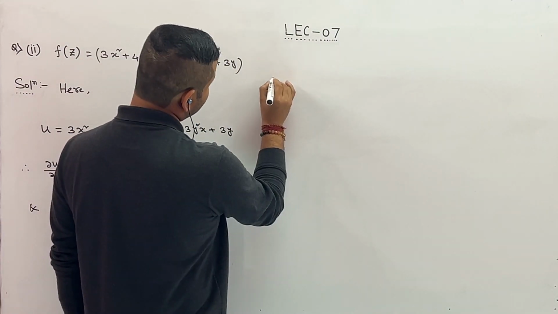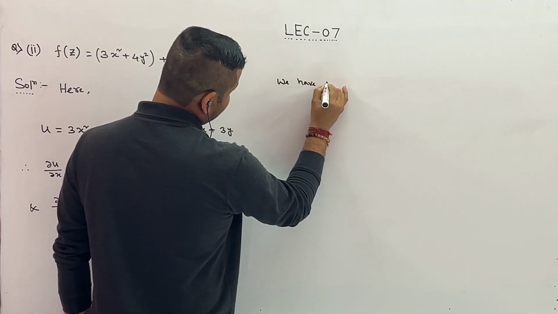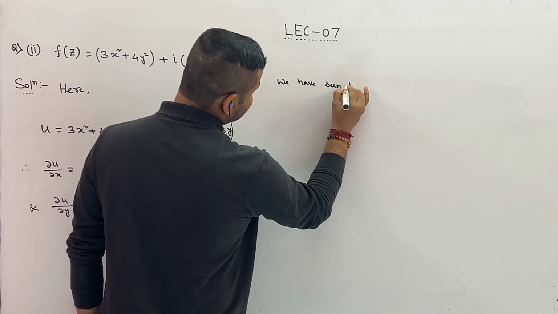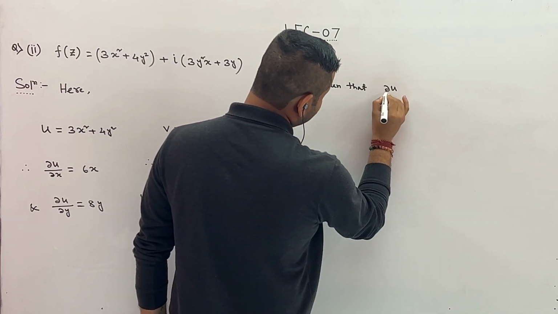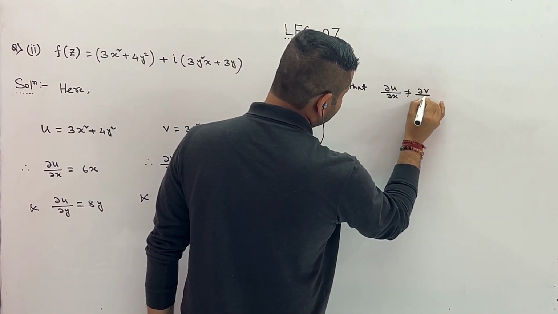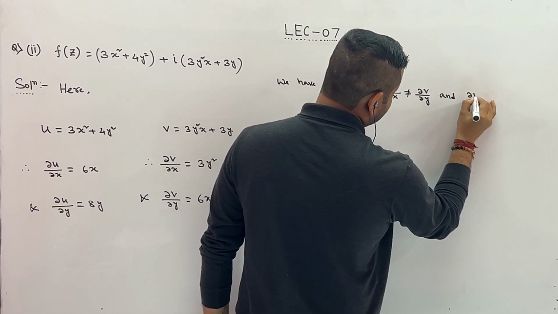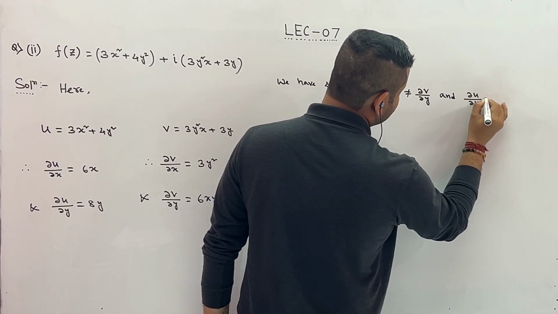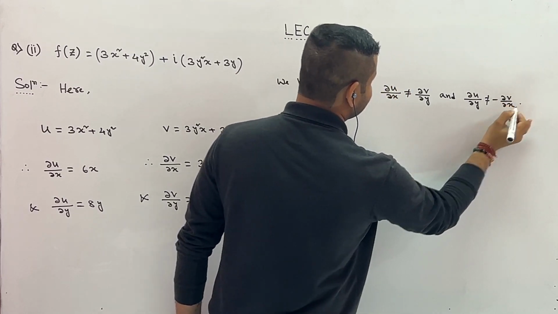So we have seen that del u by del x is not equal to del v by del y and del u by del y is not equal to minus del v by del x.